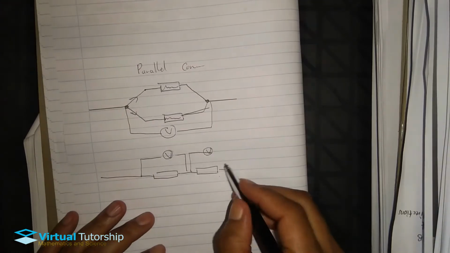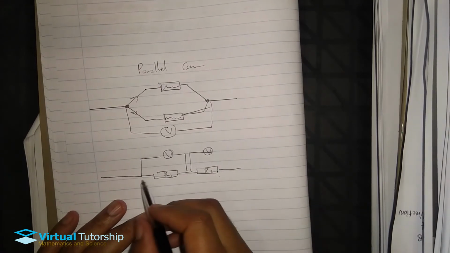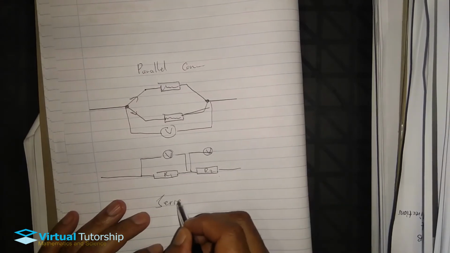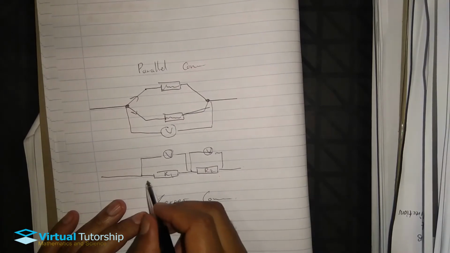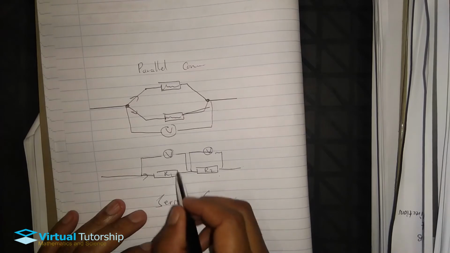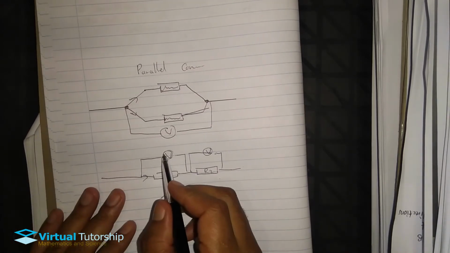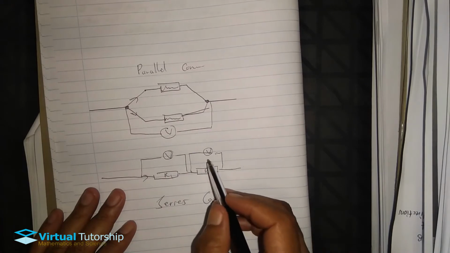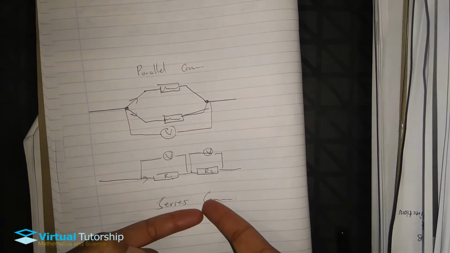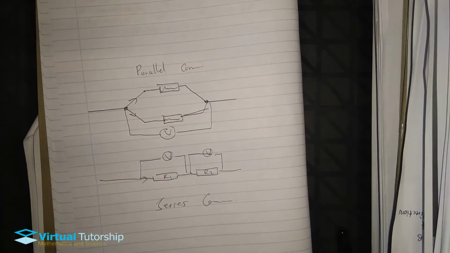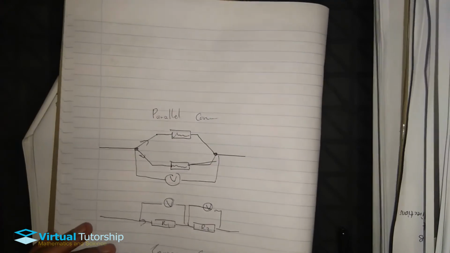So the current passes through resistor 1 and 2 in a series connection. In a series connection the current is the same, and the only thing divided is the potential difference. That's why series connections are potential difference dividers and parallel connections are current dividers.